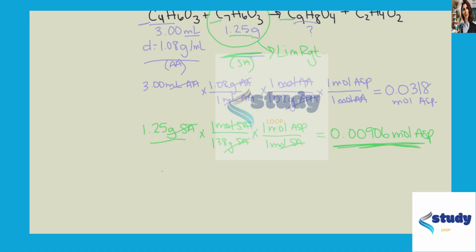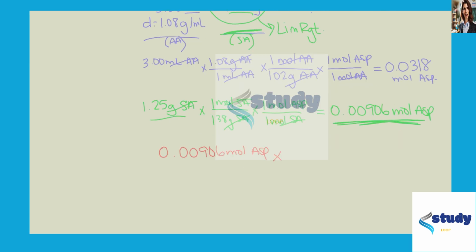So our theoretical yield is 0.00906 moles of aspirin. Let's convert that into grams by taking it times its molar mass. The molar mass of aspirin is 180 grams for every 1 mole.